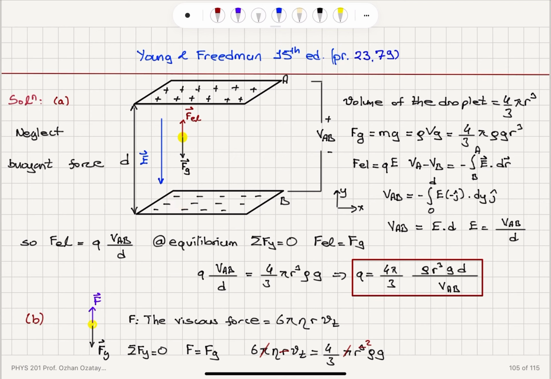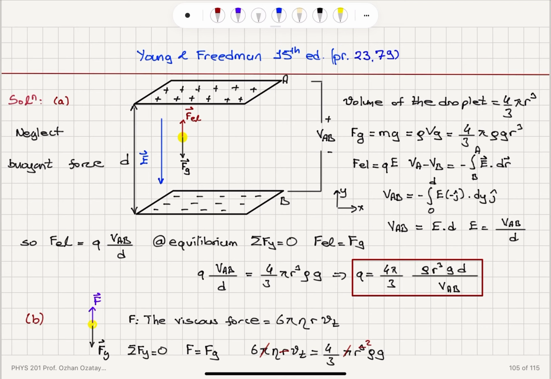We neglect the buoyant force inside the fluids or in air here. So we're going to have these two forces balancing each other. The electric force is Q times E. The gravitational force is mg, which is density times volume times g.